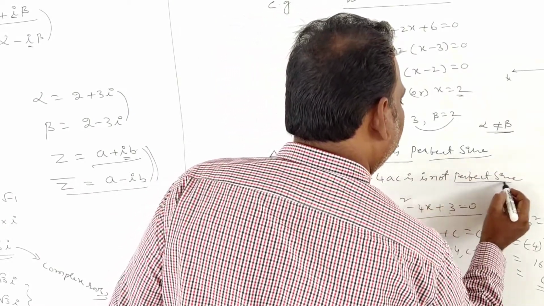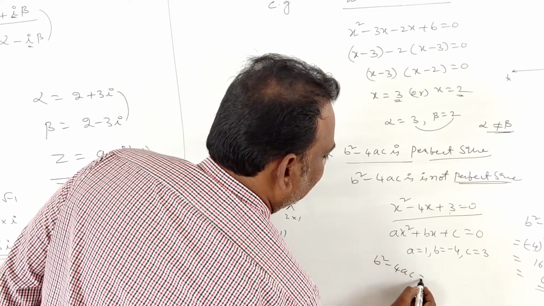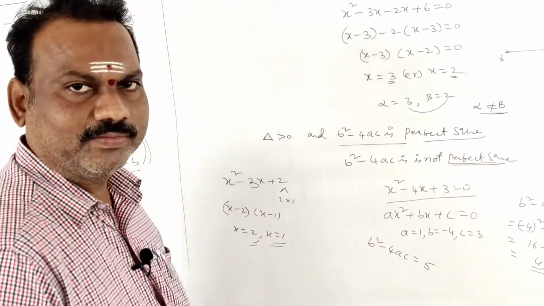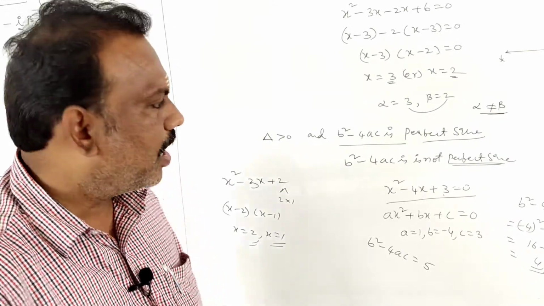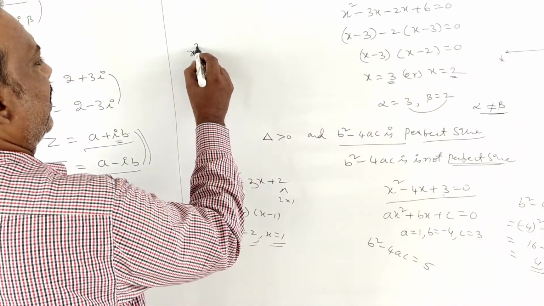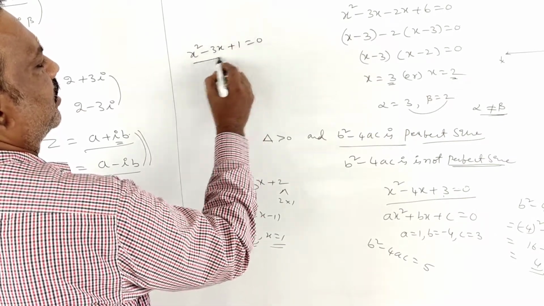If you are not getting a perfect square, for example, you calculate b square minus 4ac and you are getting 5. How will you get 5? x square minus 3x plus 1 is equal to 0.